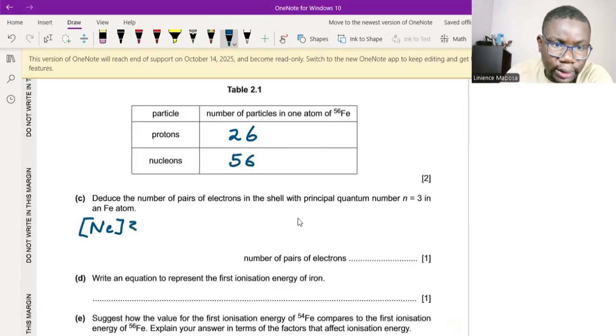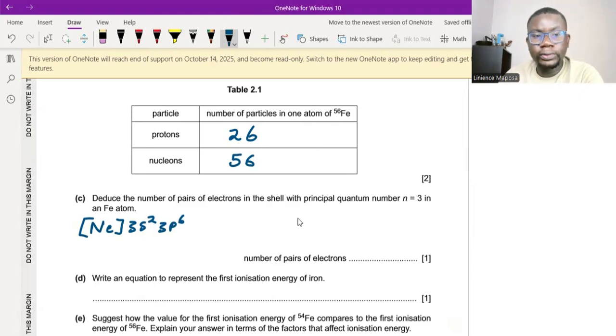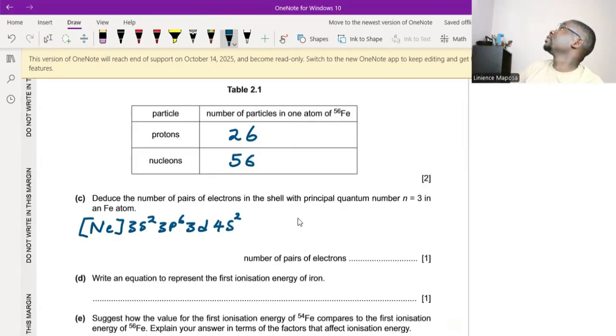And then I go 3s, 3s2, 3p6, and then after 3p, I have to go to 3d. But you don't fill the 3d first, so I'm going to say 4s here. So 4s2, and then 3d, we have how many electrons in the d orbital? We have 1, 2, 3, 4, 5, 6. 6 electrons in the d orbital. So it's like this. So this is an iron atom.